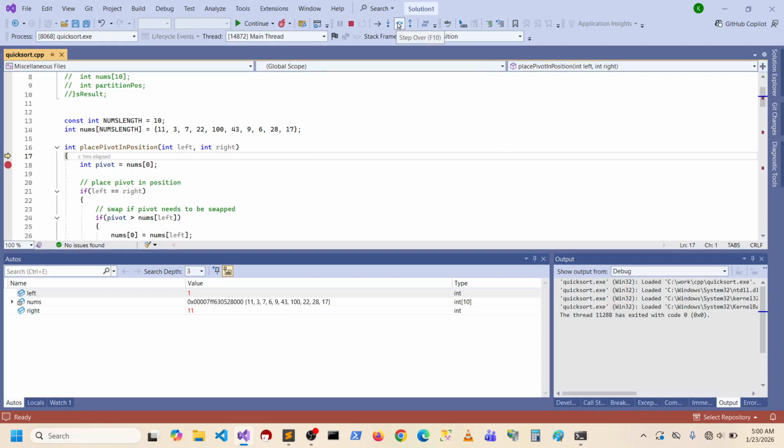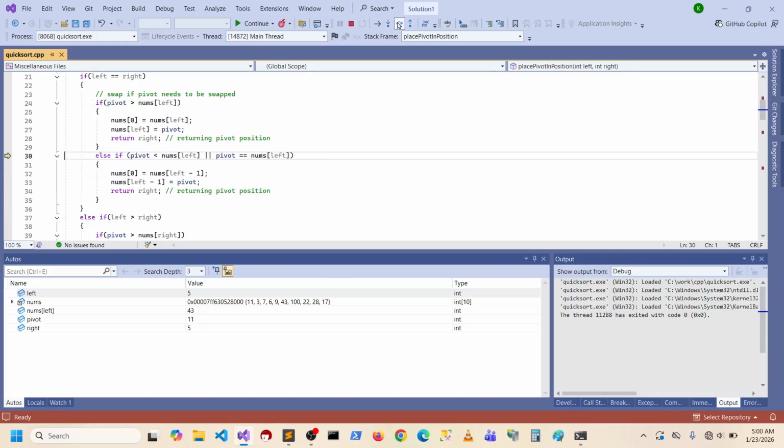go into that. Pivot nums is 11. Equals right. Yes, it does. If 11 is greater than nums left. It's not. It's not greater than 43. Pivot is less than 43, or pivot equals 43.